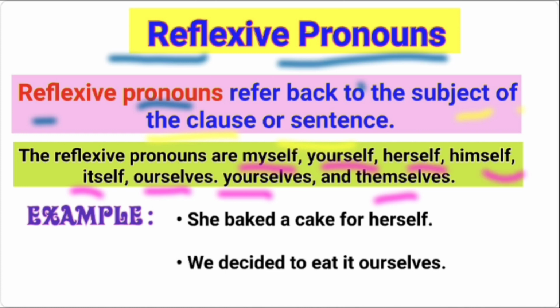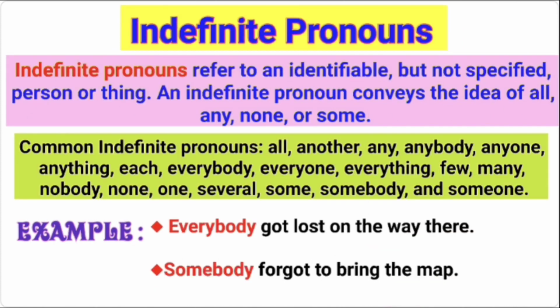These are the examples of reflexive pronouns. Two sentences for you. She baked a cake for herself. We decided to eat it ourselves. So students, here herself and ourselves both are reflexive pronouns.